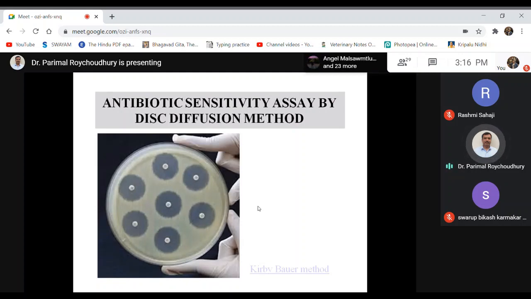All of you must be aware of this drug-resistance phenomenon appearing at a very rapid rate in the population, and it has become a major concern for human health as well as animal health. In the 50s, the first antibiotic was penicillin, and later on we had a lot of different types of antibiotics in the market, and people are using them for treatment.